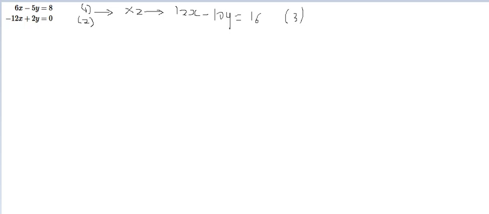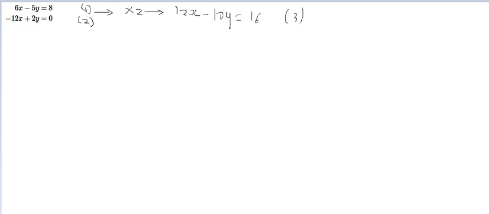Now you can see that if you add equation 3 with equation 2, meaning that you add the x's together and then the y's together, and don't forget, the most important thing that students might make a mistake on is that you also need to add the numbers after the equal sign.